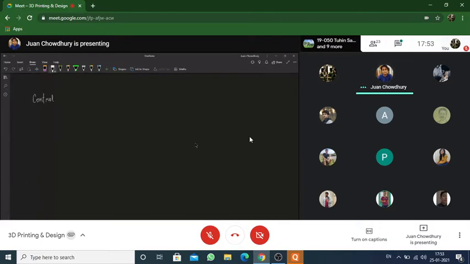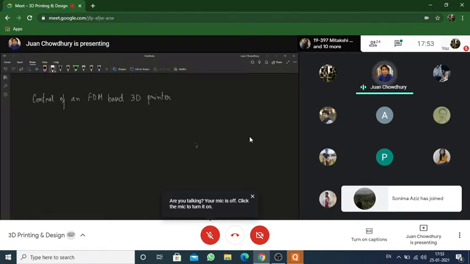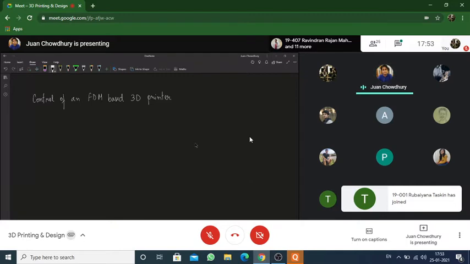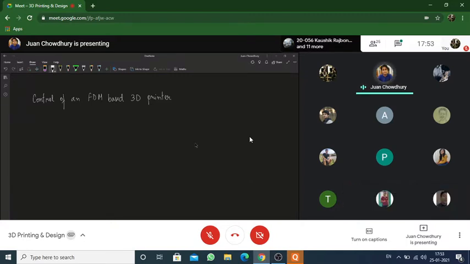Let's start with control of an FDM based 3D printer. All right. So one important concept here is that all 3D printers are now microprocessor controlled, which means that the fundamental bridge between commands and execution is held by a microprocessor.